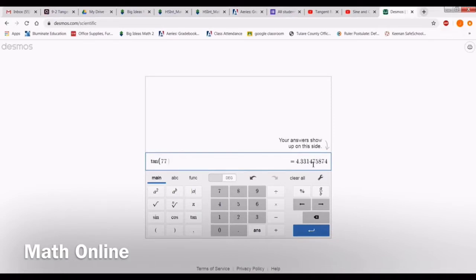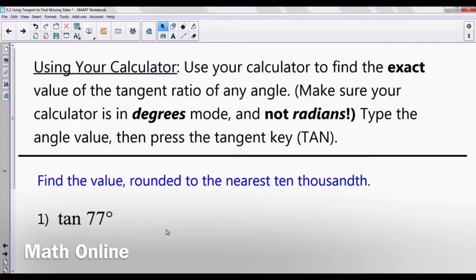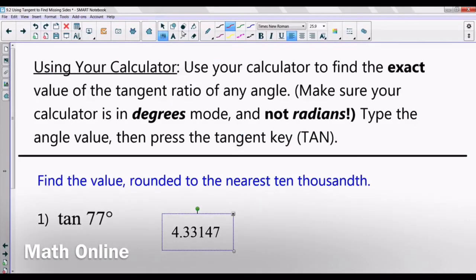But since we're looking for the ten-thousandths, I'm going to try to copy and paste 5 digits after the decimal point. Let me see if it works. Copy. Let's go back to our slides, and I'm going to paste it here. All right, so there's our answer.